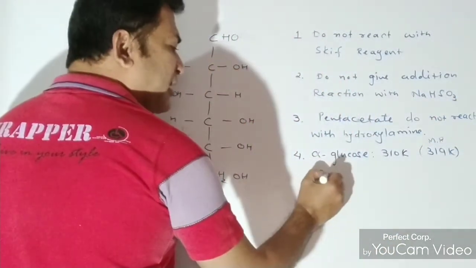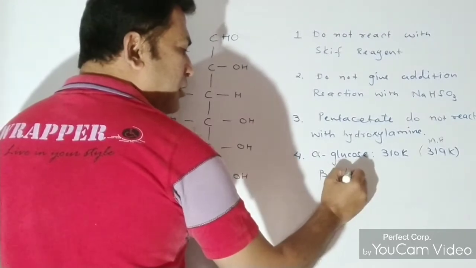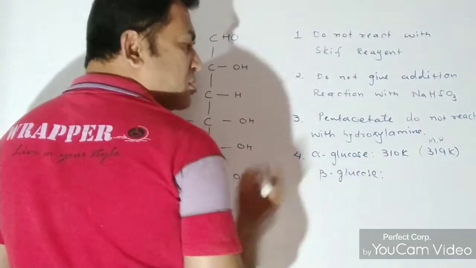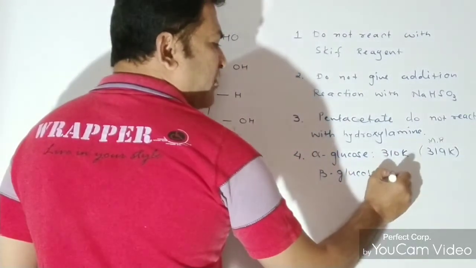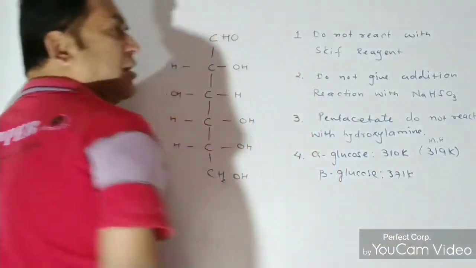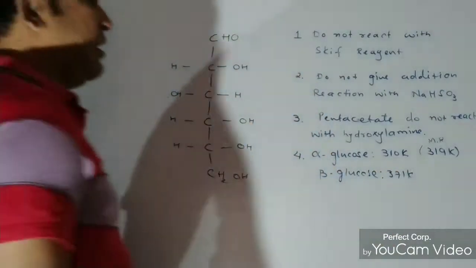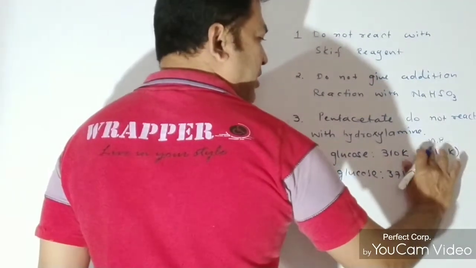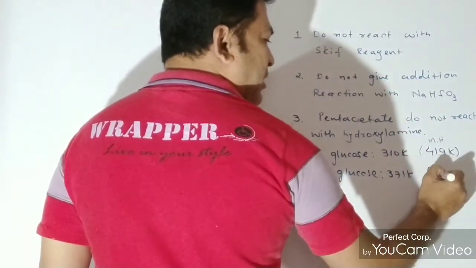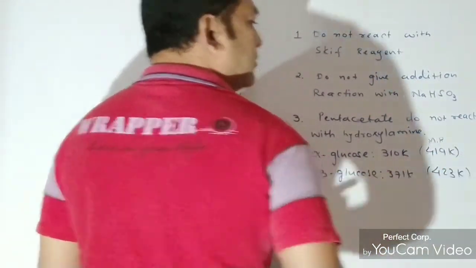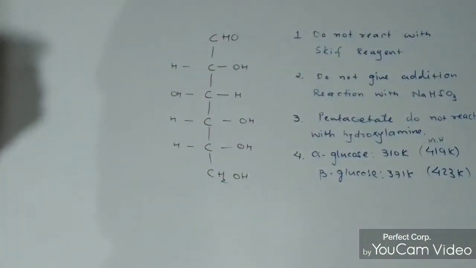Another structure we get is beta glucose. This happens when we heat at 371 Kelvin, and its melting point is 423 Kelvin. So the melting points are different.